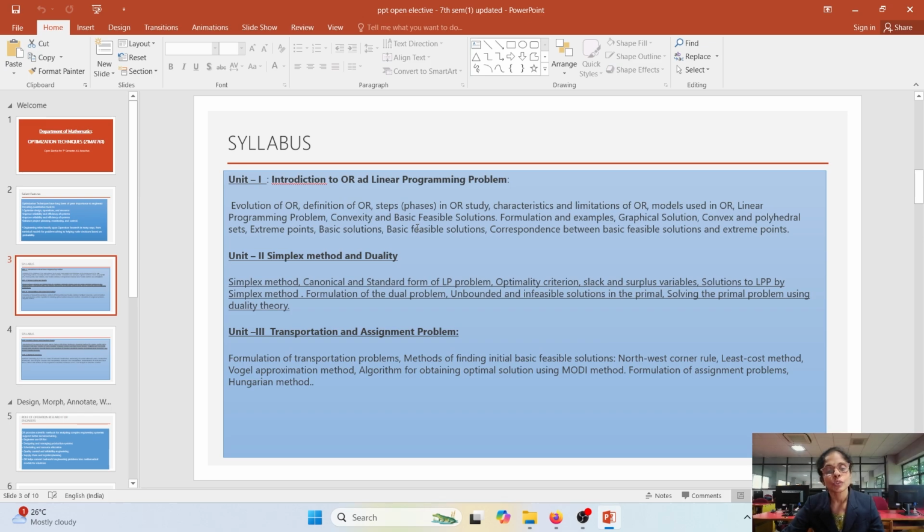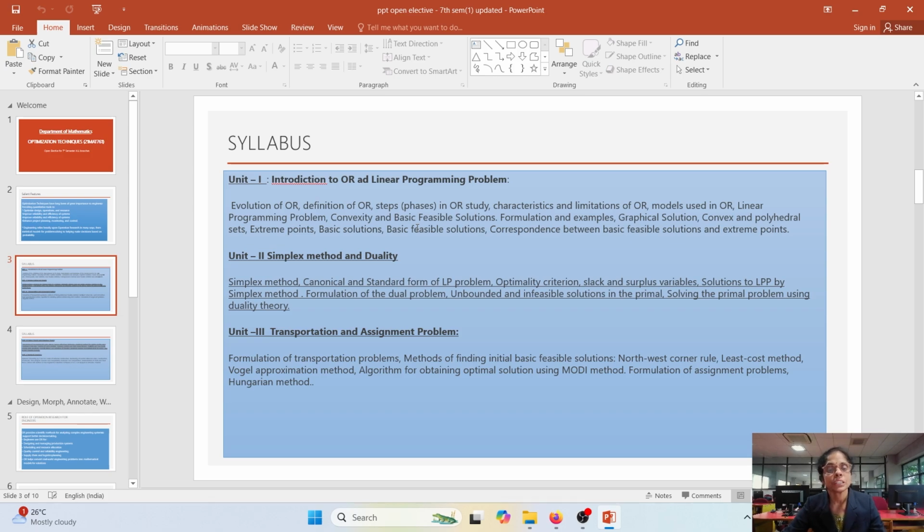And next is unit 3. Here in unit 3, we are learning transportation and assignment problem. Transportation problem helps us in minimizing the transportation cost, and assignment problem helps us to assign the goods to different workers.